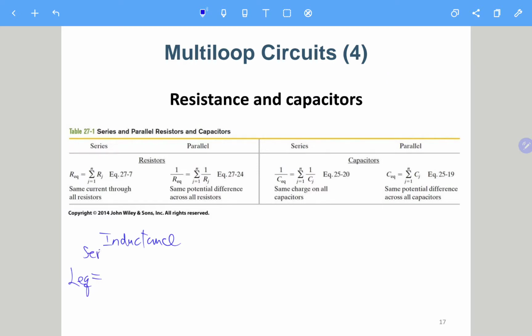For series, L equivalent should be summation of Lj, j from 1 to n, and then for parallel inductance, 1 over L equivalent equals summation j from 1 to n, 1 over Lj. So when considering series or parallel, resistance and the inductance are the same thing, or the inductors.